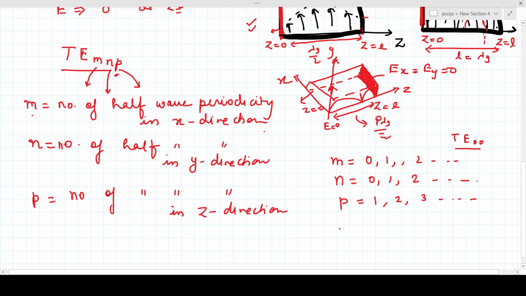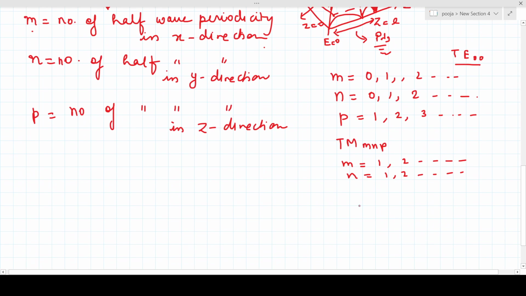For the TM MNP mode, M will be 1, 2 and so on, N will be 1, 2 and so on, and P will also be 1, 2 and so on. None of the components M, N and P will be 0 in the TM MNP mode.